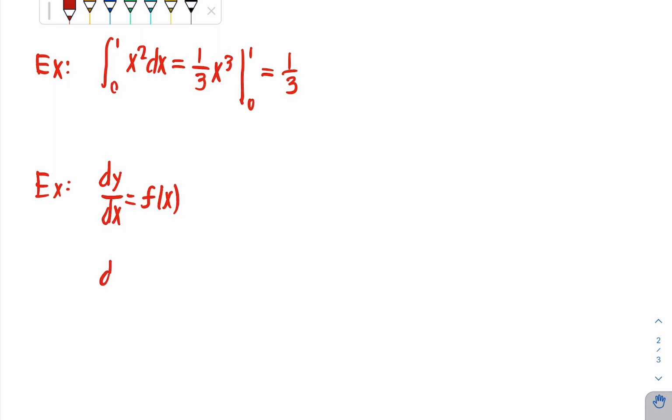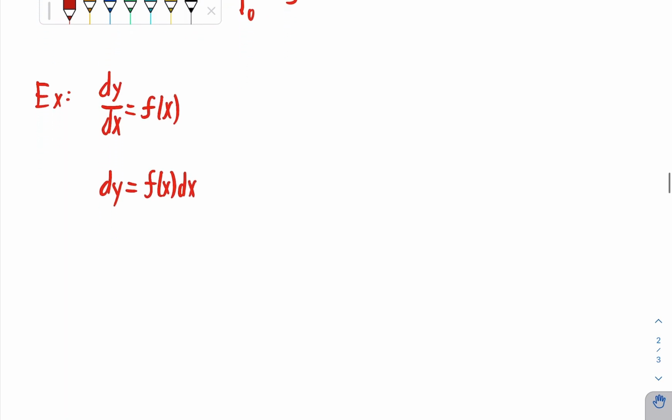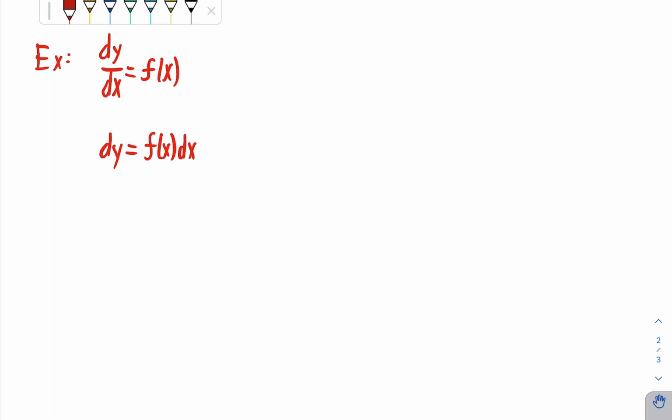So then we get dy equals f of x dx. Okay, so what do we do from here? Well, now, in order to get y, all we need to do is integrate. So we take the integral of dy, which is equivalent to the integral of 1 dy, which is equal to the integral of f of x dx.